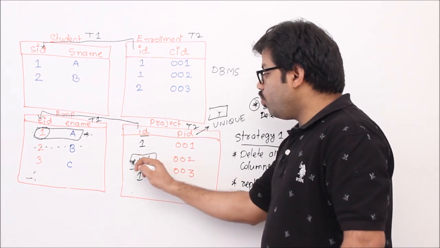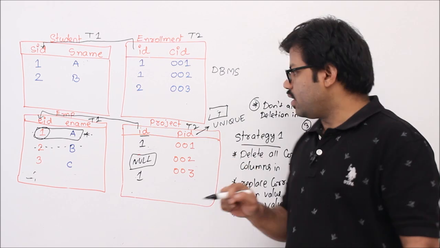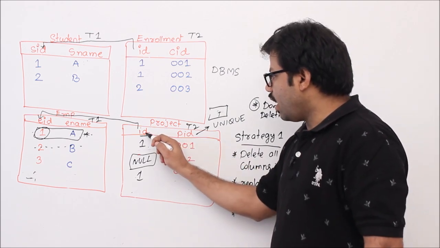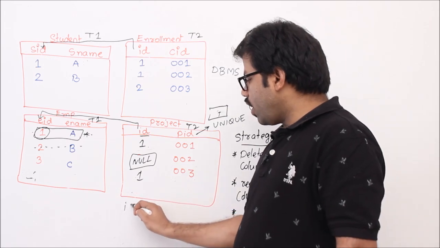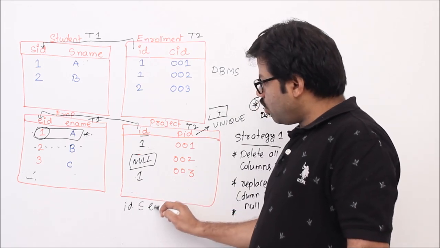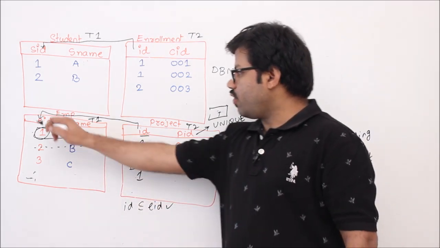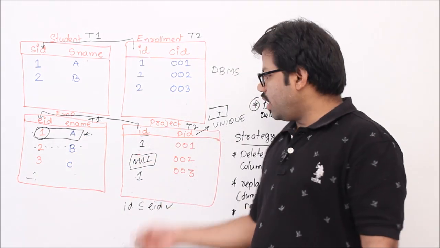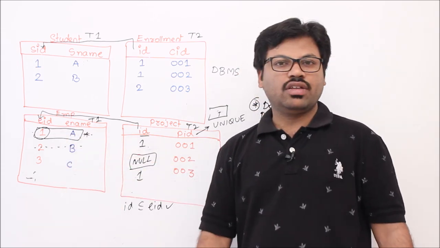But sir, when you started explaining foreign key, you said one condition, that id should be a subset of or equal to employee id, correct? That means column values in id should be a subset of or equal to employee id. Yes, I told that. But here null is not part of your employee id column, right? Then how is 1 comma null comma 1 a subset of or equal to 1 to 3?